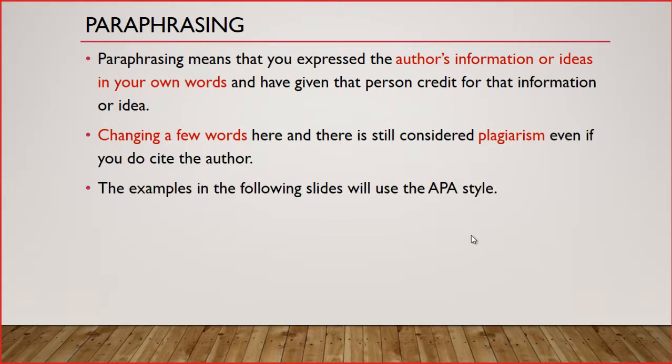Okay, now I'm going to show you an example of paraphrasing. For this example, paraphrasing is the same for APA or IEEE. Basically the only difference is how you cite the bracket, but in terms of the paraphrasing itself it is the same. Now the examples after this, I'm going to show you using the APA style.